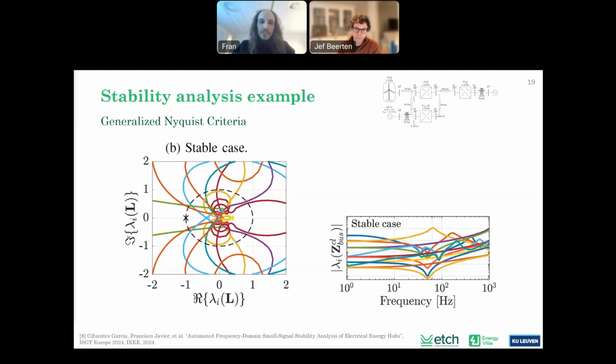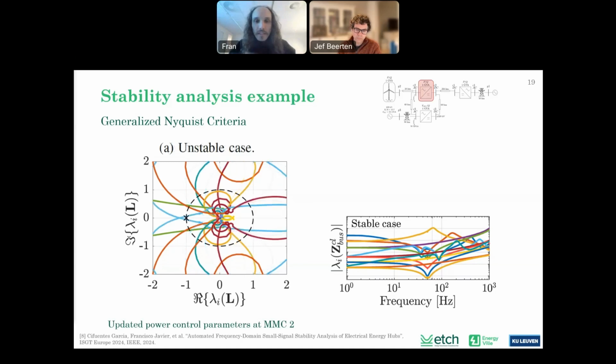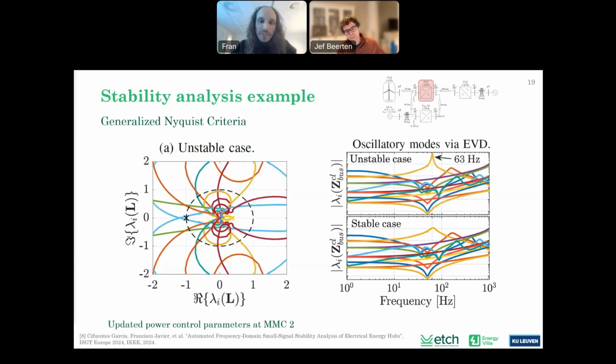So just to demonstrate that the tool is also able to observe an unstable case, we can force the power control a little bit to the limit and change the parameters on 1 MMC. And now we can run Nyquist again. And now what we observe is that the blue eigenloci encircles the critical point.